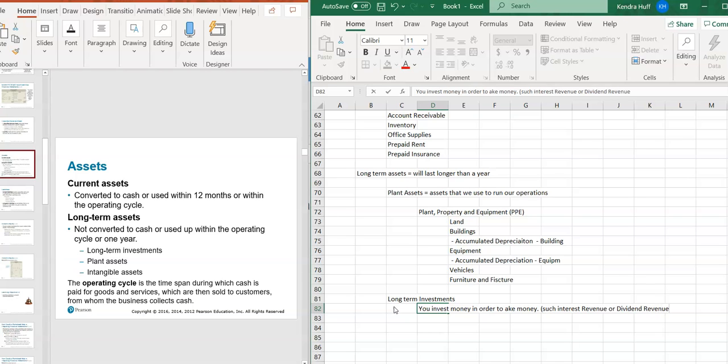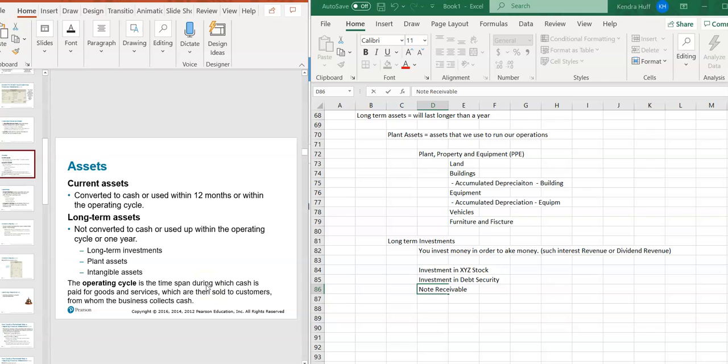And there's way more to it, but we'll talk about all that later. So things in this category might be an investment in XYZ stock, investment in debt securities, which means that you have basically lent somebody money, or perhaps a long-term note receivable.